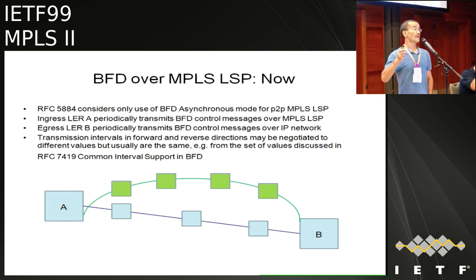But once they reach up state, node A can tell node B to go in demand mode. So node B has to stop sending periodic messages. At the same time, node A can verify that node B is alive by initiating a poll sequence, and then node B will have to respond with the F bit.